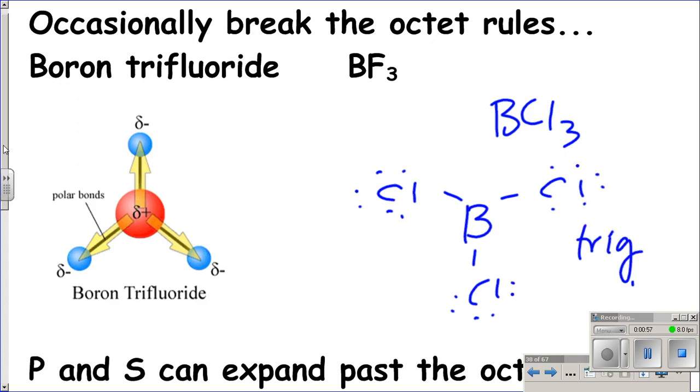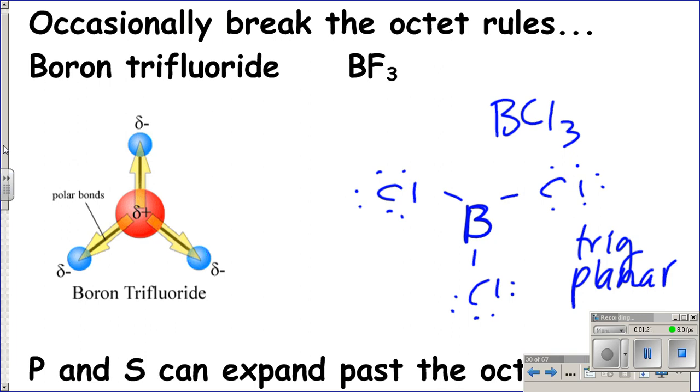Trigonal planar, right? Because it's a flat plane. It's not like a pyramid like ammonia, NH3, is a pyramid because it's got a lone pair on it. But boron has only how many electrons around it? 6, and it's happy with that. Hydrogen's happy with 2, boron's happy with 6. Once you get to carbon, though, you've got to have 8 or more. So this is fine here.